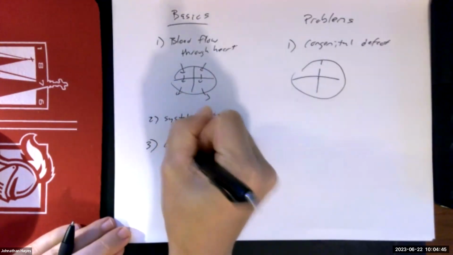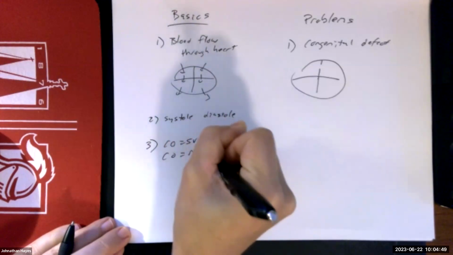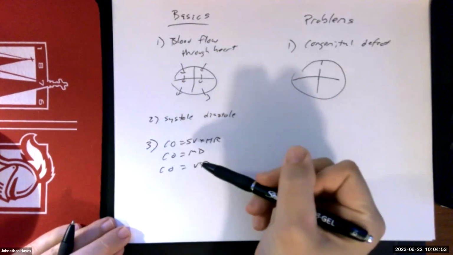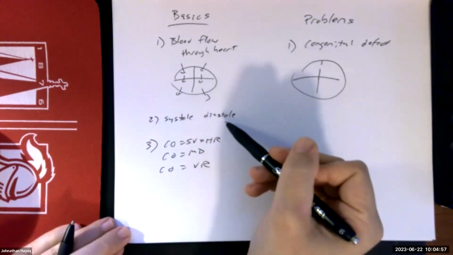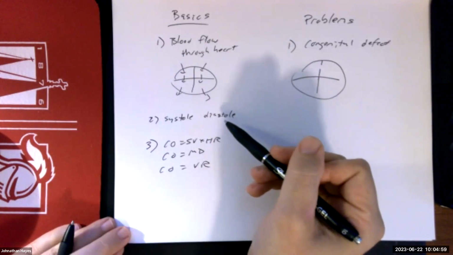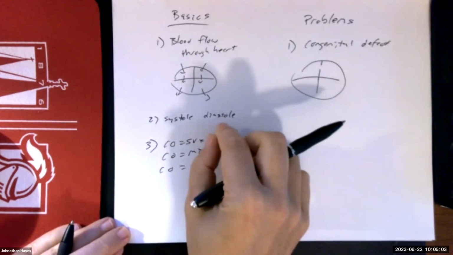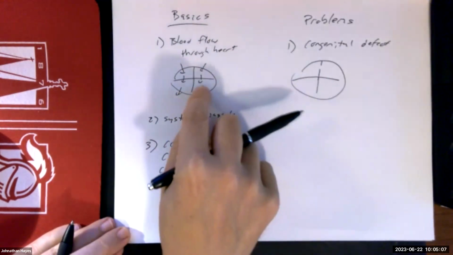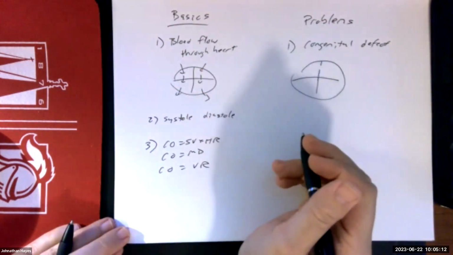But we talked about cardiac output equals stroke volume times heart rate, cardiac output equals metabolic demand, cardiac output equals venous return. Because when you get into the physiology of things, your heart's trying to refill and pressurize blood. We want to have enough blood to push out to systemic circulation, and we need to be able to forcefully push it out. So we need the blood to come in, fill these chambers, and then force it out against something called peripheral resistance.